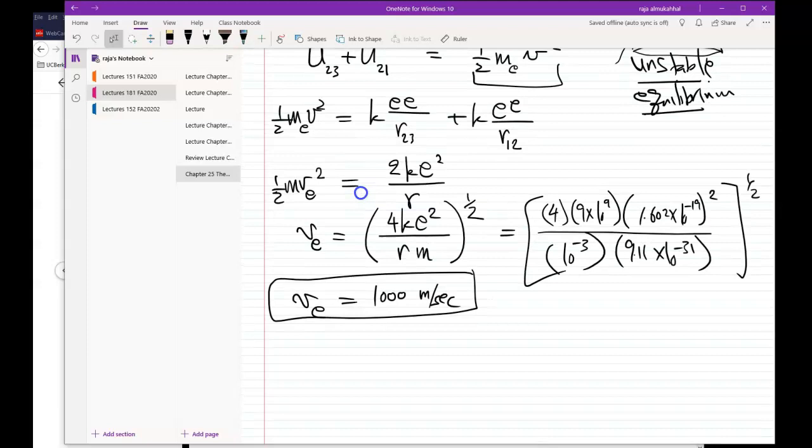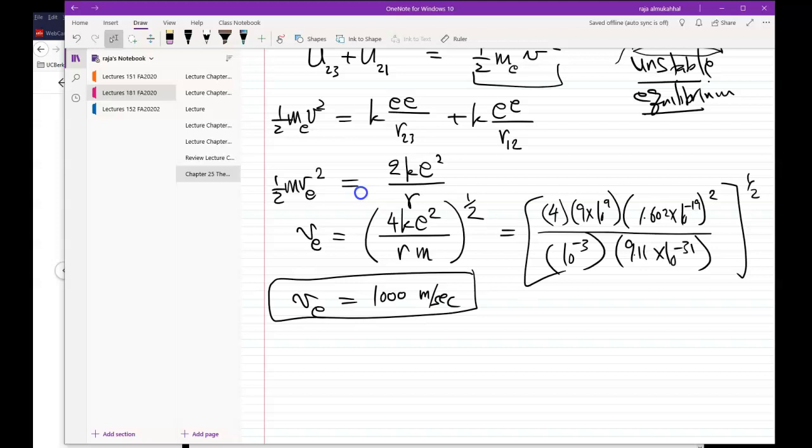Let's start with the 1.602 times 10 to the negative 19, squared, times 9, times 4, divided by 9.11 times 10 to the negative 31, divided by 10 to the negative 3, and then I'm going to take the square root of that.